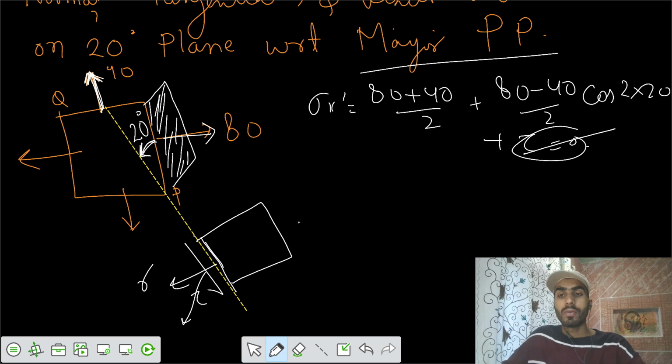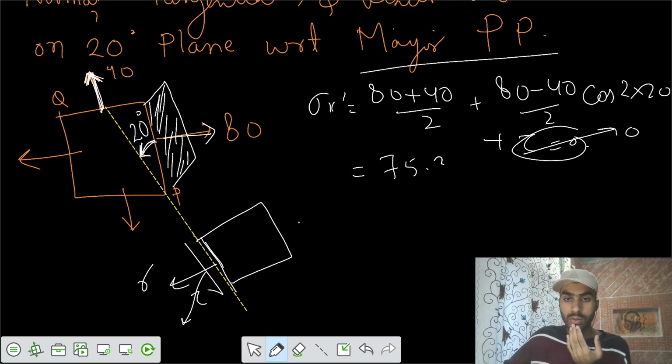So your tau value is equal to 0, and the value of sigma x dash comes out to be 75.32.